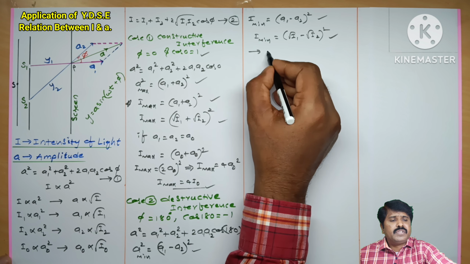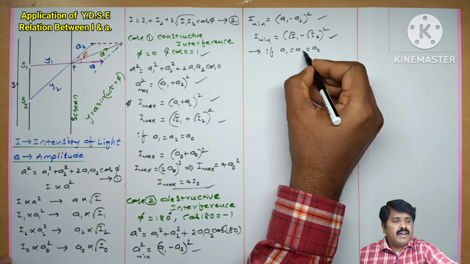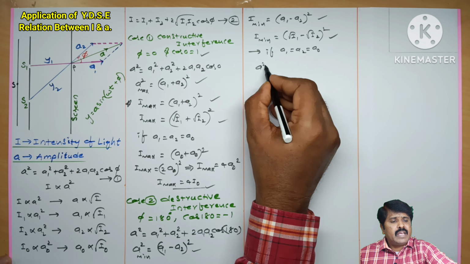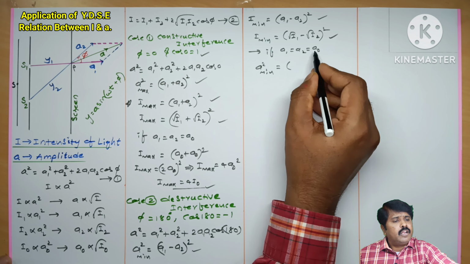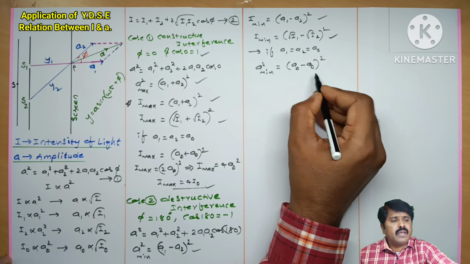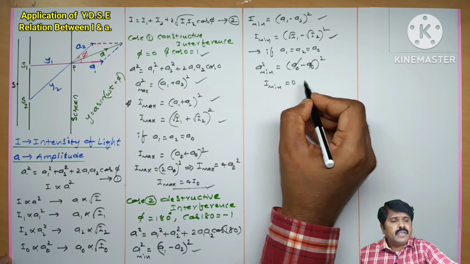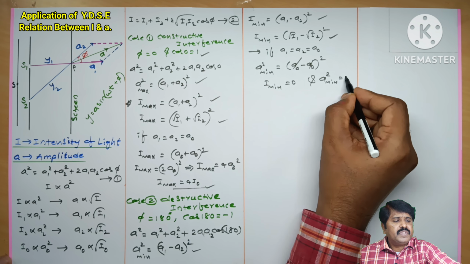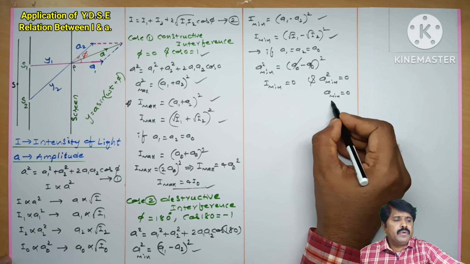And there is a condition: if a1 is equal to a2 is equal to a0 is replaced in this equation, so that a square minimum is equal to, tell me student, (a0 minus a0) whole square, that gets cancelled, so minimum intensity and amplitude are equal to 0, that is a minimum equal to 0.